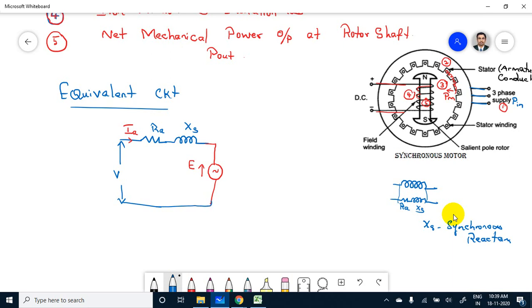Then there will be a field winding. This is the field winding. In the field winding, we are giving the DC excitation.